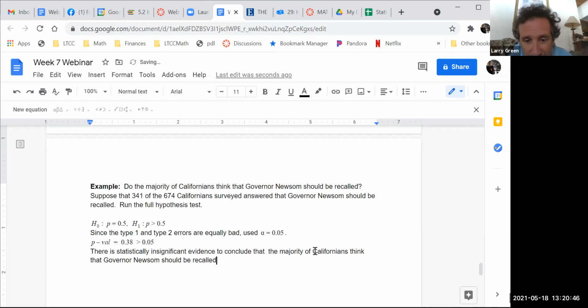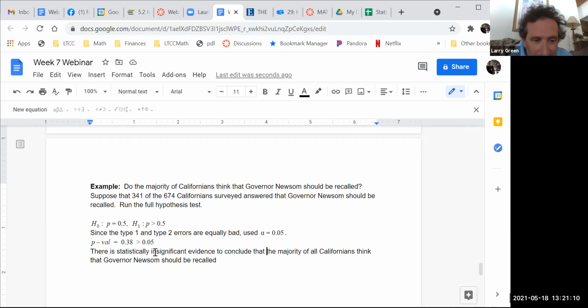And I'm going to write the majority of all. Okay, I will take off a point if you don't emphasize that it's the whole population you're talking about. And that's why I write all Californians and not just the Californians that we asked, not the 674. This is all 40 million or so, or how many million of us Californians there are. Think that Governor Newsom should be recalled.